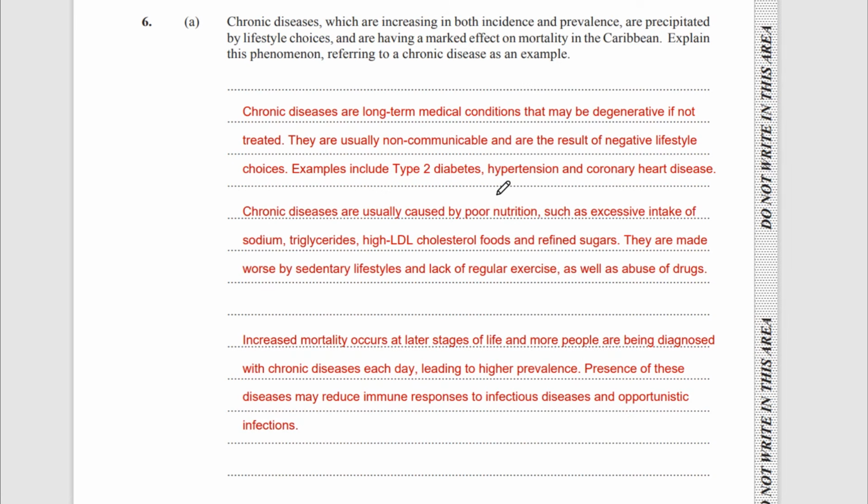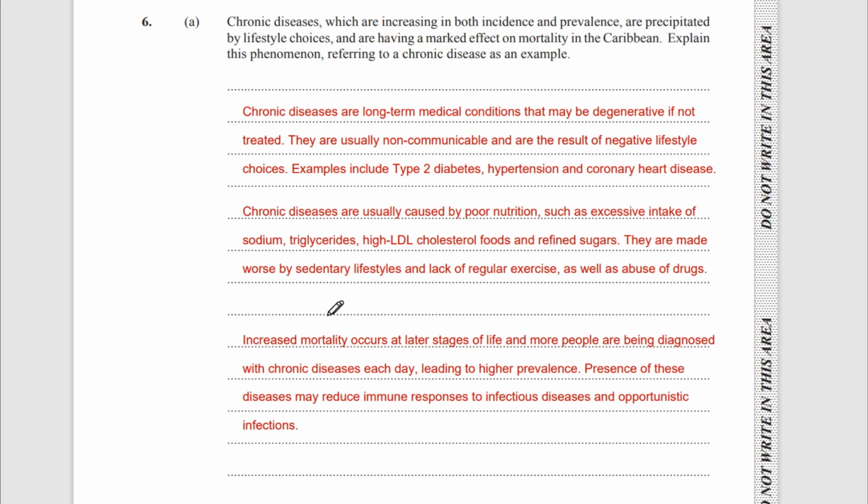And so for poor nutrition, you try to give some examples: refined sugars, high LDL cholesterol foods, triglycerides, sodium contributes to hypertension, triglycerides contribute to obesity and thus coronary heart disease, atherosclerosis, and things like that.